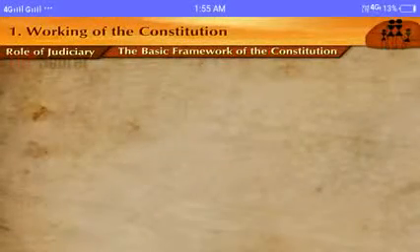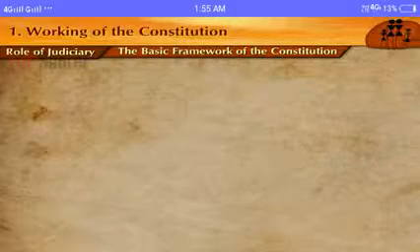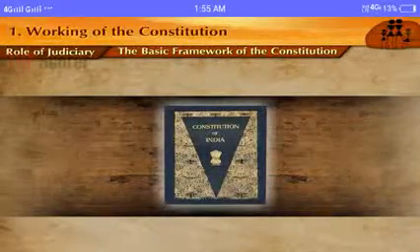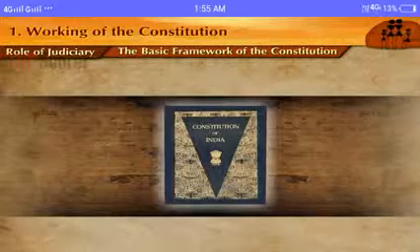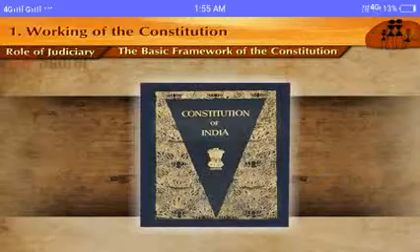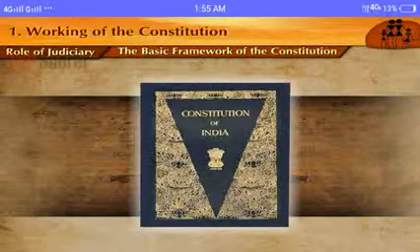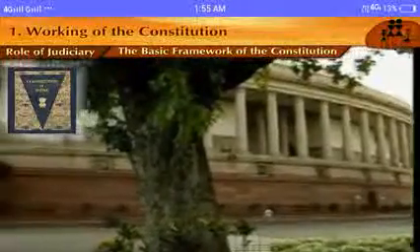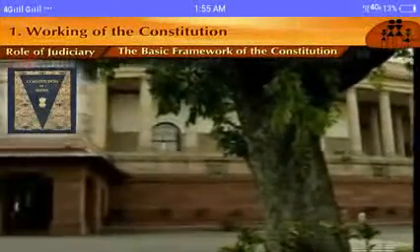The basic framework of the Constitution. The Constitution was dynamic in nature. That is, it was a living document. The Constitution would change according to changing conditions in the political sphere, and the Parliament was the institution that had the power to make those changes.